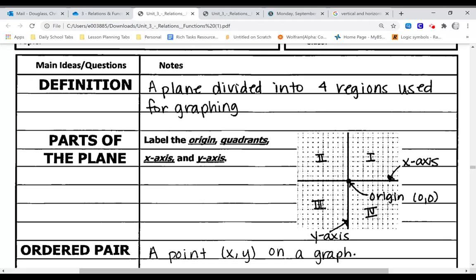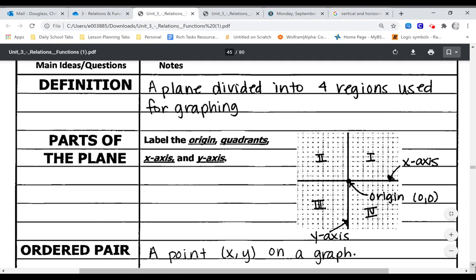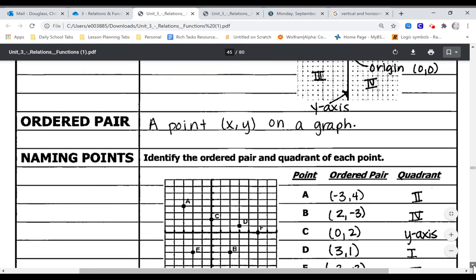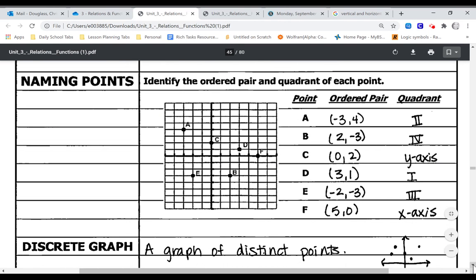Every point on the plane can be accessed with ordered pairs. Every point has an x and a y value on the graph that describes its location. Here we have some points labeled with capital letters on a coordinate plane.